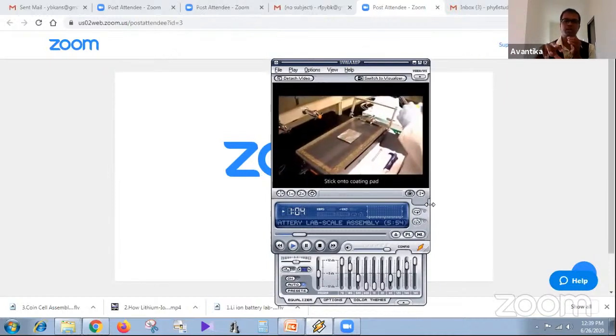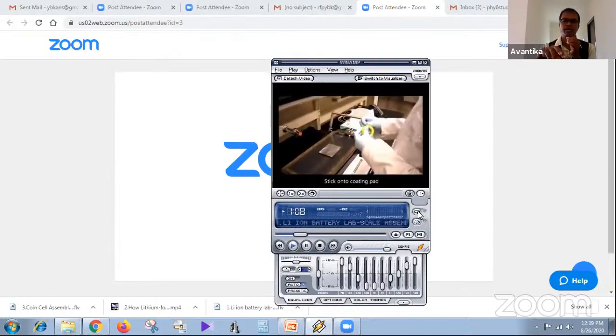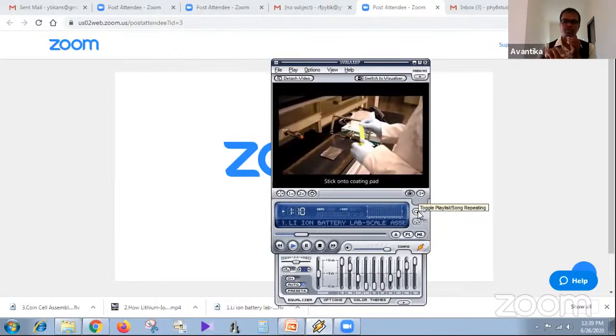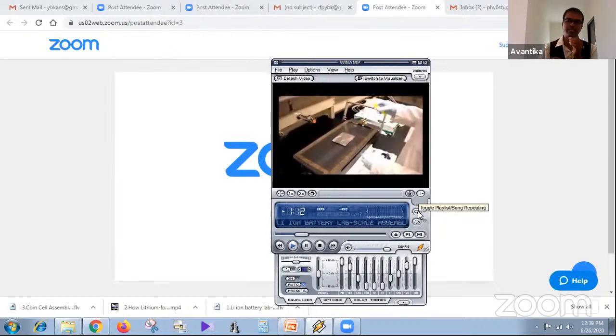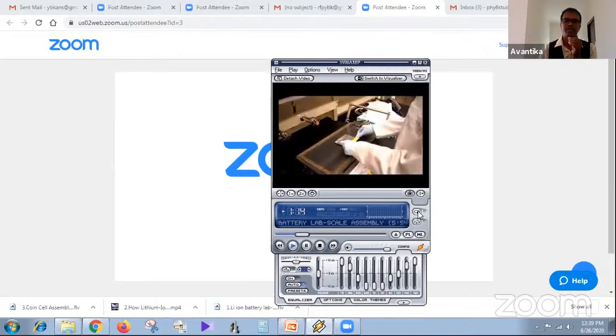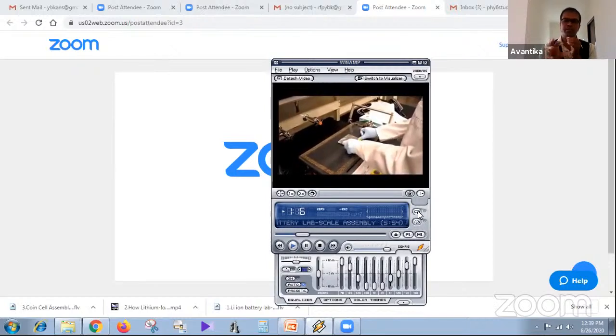So it is possible in small scale lab also. So in our lab also we can prepare. This is called a doctor blade method. This is a simple method. One can prepare the thin film cathode material.